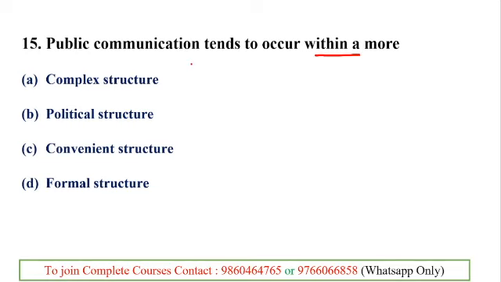That's why I explained the concepts of public and mass in detail. Any doubts regarding public and mass, you can surely ask in the comment box, and you can also ask other doubts regarding this area. Not only this voting question, but you can ask other questions too.